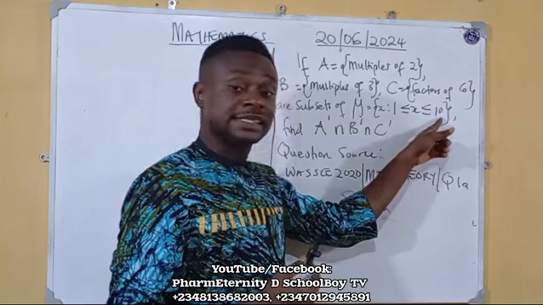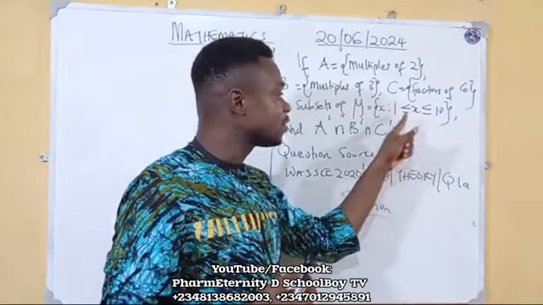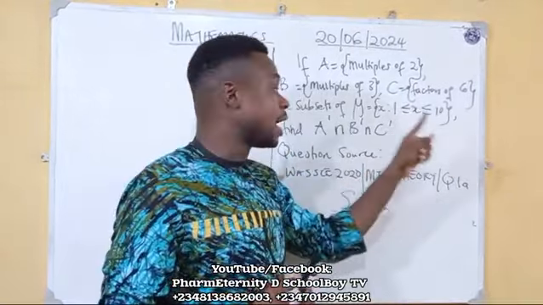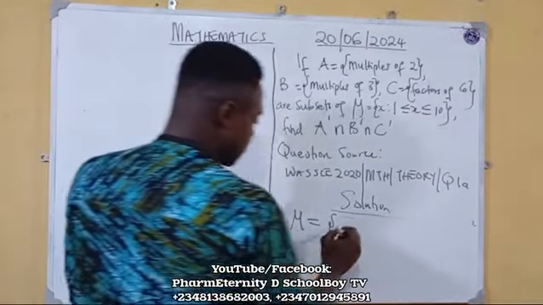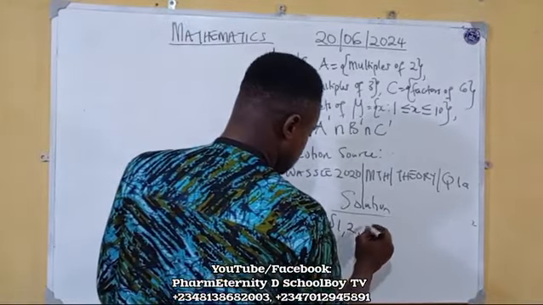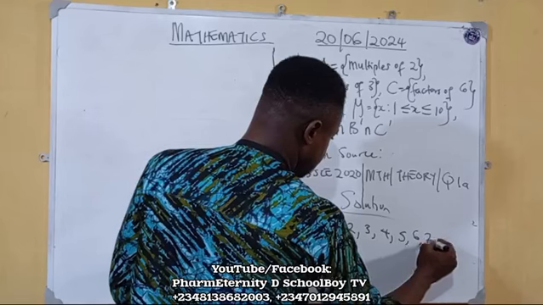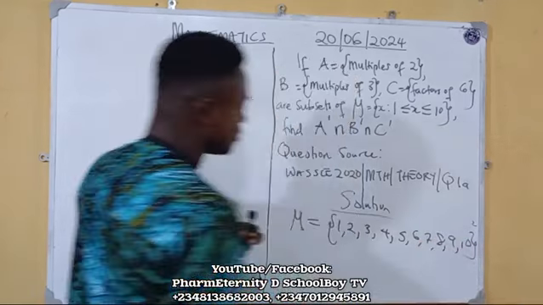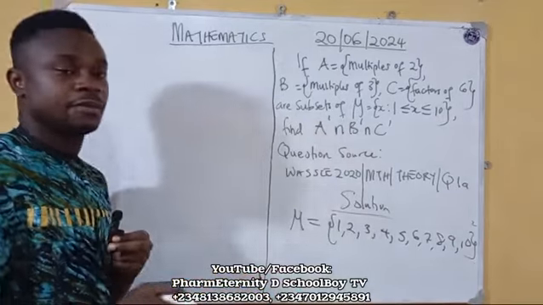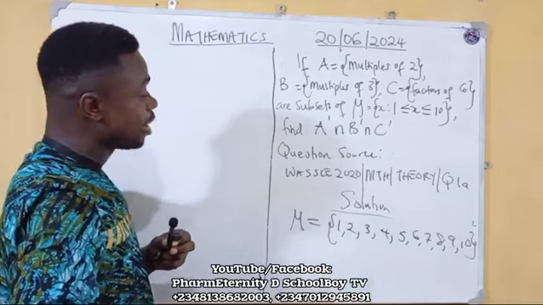So 10 is inclusive. That means X is a range of numbers from 1 to 10, and 1 and 10 are inclusive. So X is 1, 2, 3, 4, 5, 6, 7, 8, 9, 10. So this is the content of the universal set from 1 to 10.